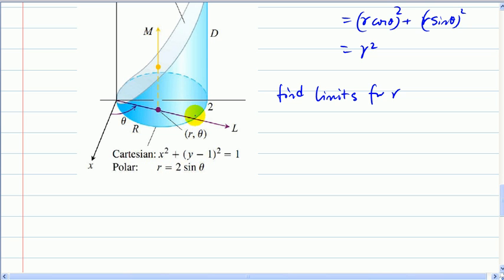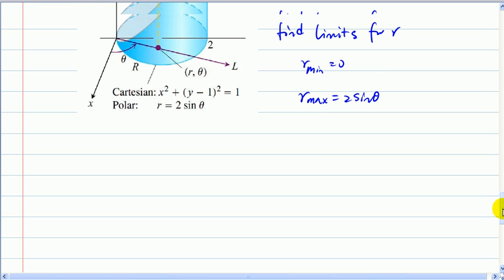That describes the circle here. For every point on the circle, you have r equal to 2 sine theta, so that happens to be your r max. So r min is 0, and r max is 2 sine theta.